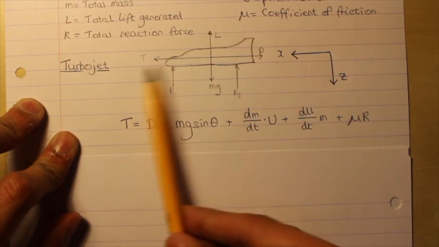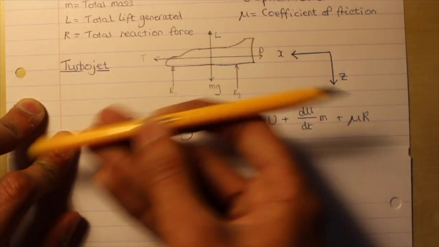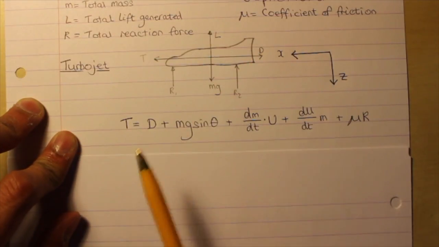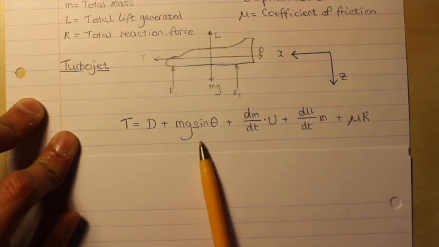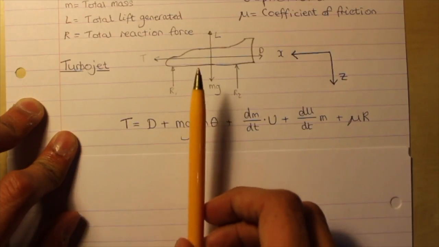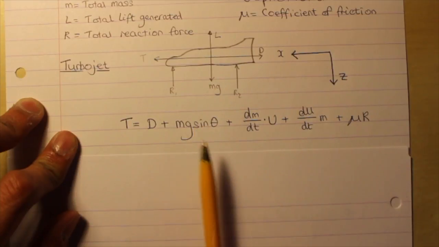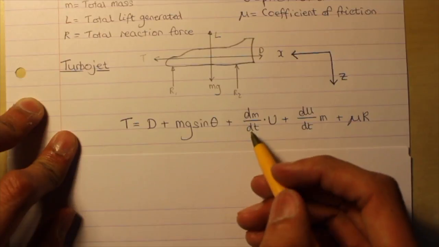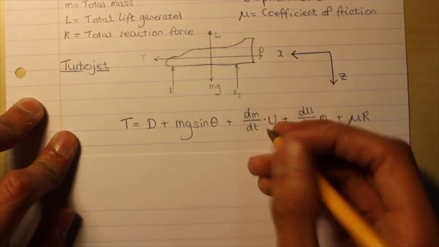So T is going to be equal to the drag force plus all the other forces acting against the thrust. So the drag, the weight component in the direction of the x-axis. So we use sine theta, so mg sine theta. This value here is the acceleration.